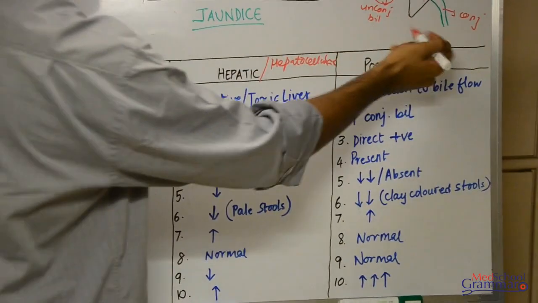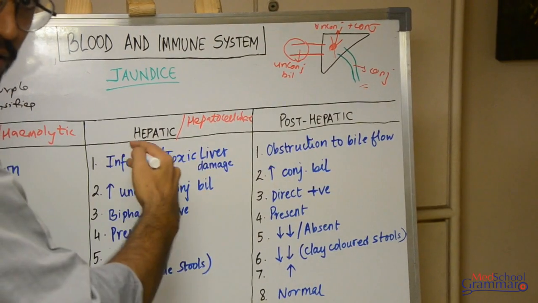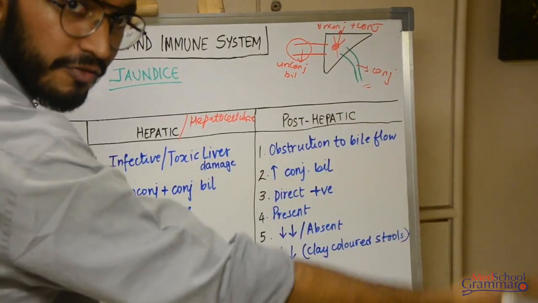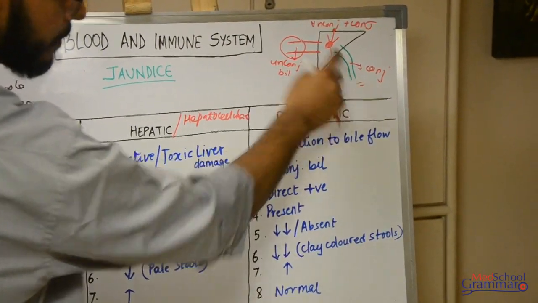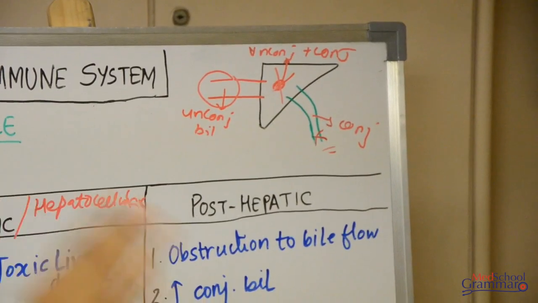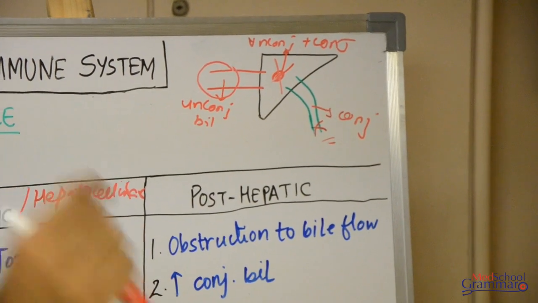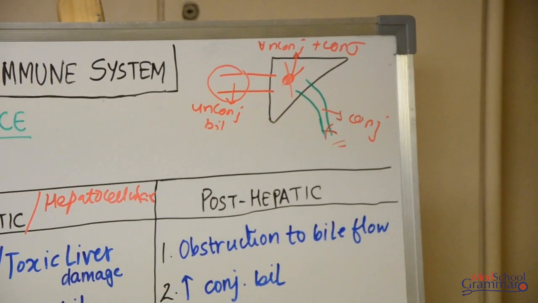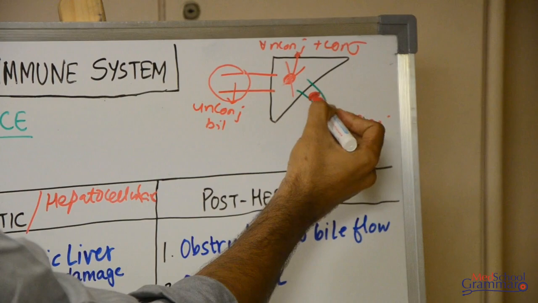Coming to the third type of jaundice, that is after the liver. It's very simple. One is before the liver, one is the liver itself, one is after the liver. Now, what can happen after the liver? You may think that there is some damage to the bile ducts carrying the bile. No, there's no damage as such. But what we clinically consider is that there is an obstruction to bile flow.